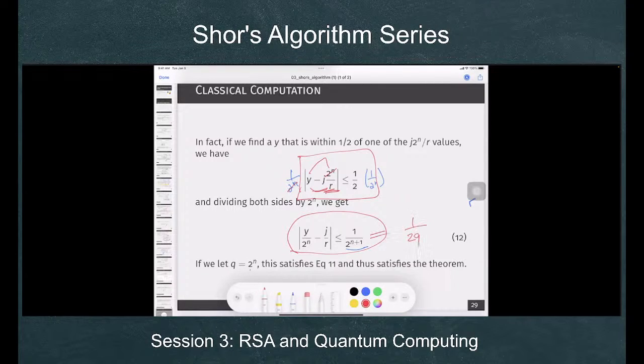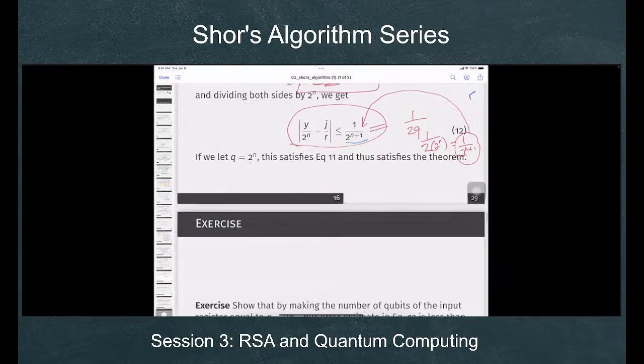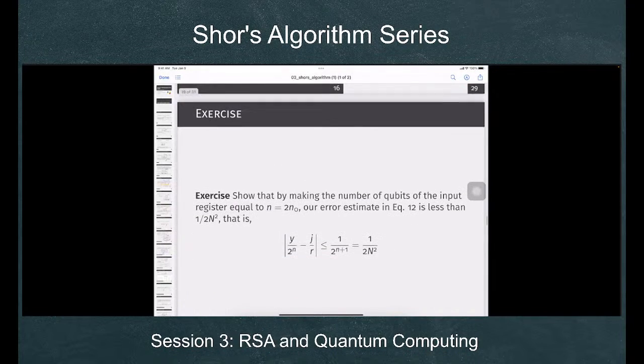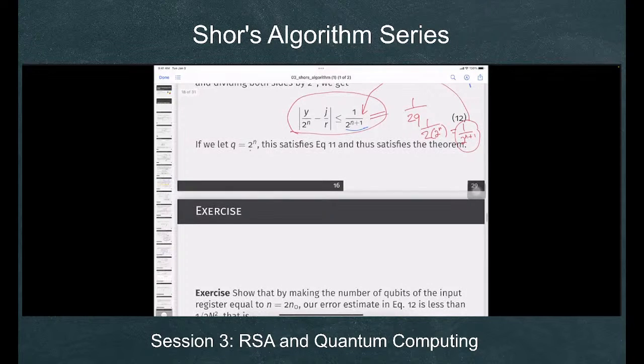Because 1 over 2 times q is 1 over 2 to the n plus 1, which is this one. Which means that, since that's the case, we can actually do partial fraction expansion to compute for r.